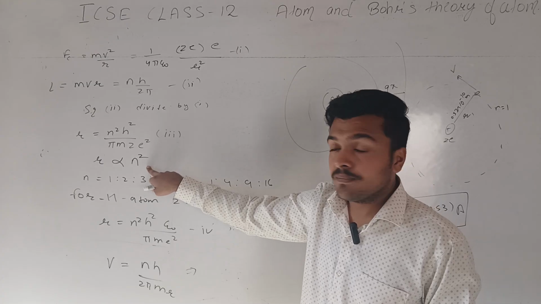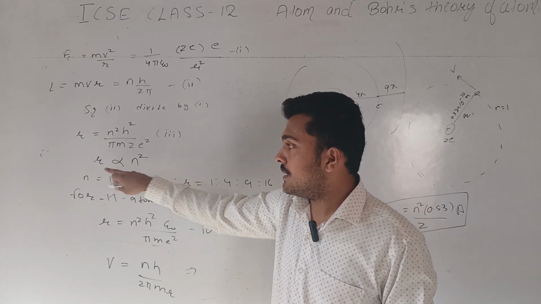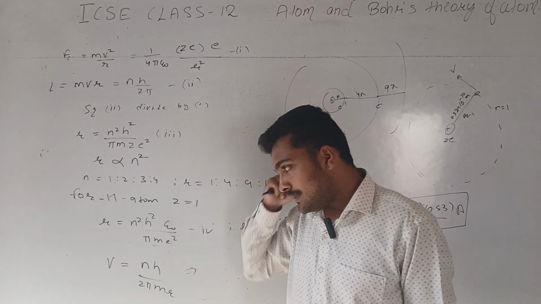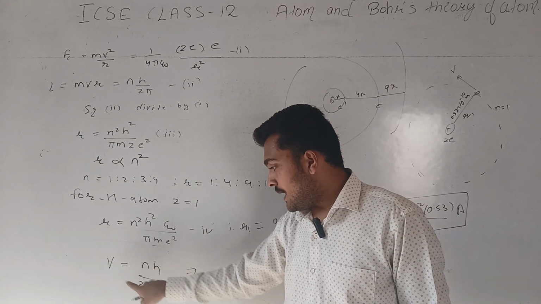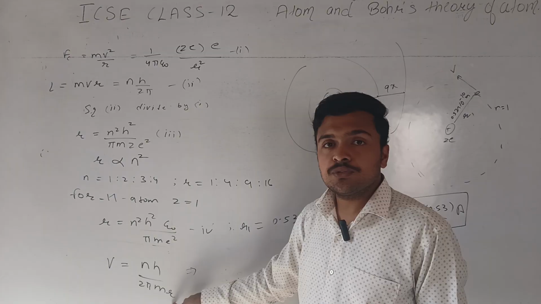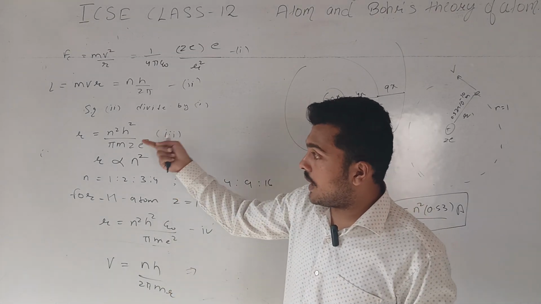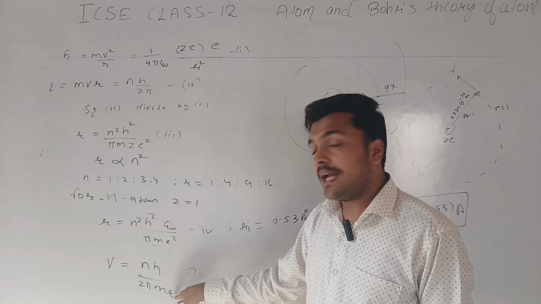If we want to know this relation, other things must be constant. Here n is there, but along with m, r is also there. So we have to substitute r, because r is proportional to n squared. So we can put n squared here.